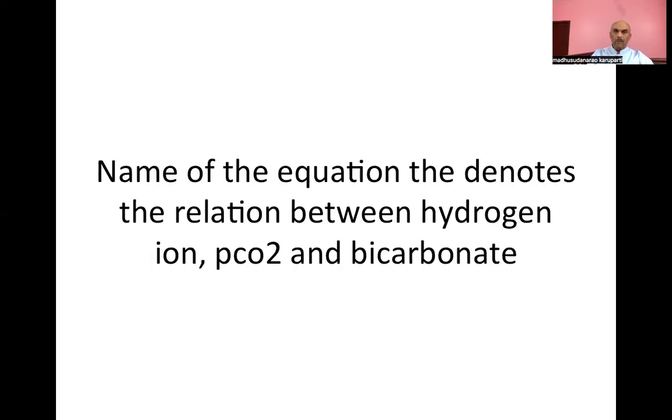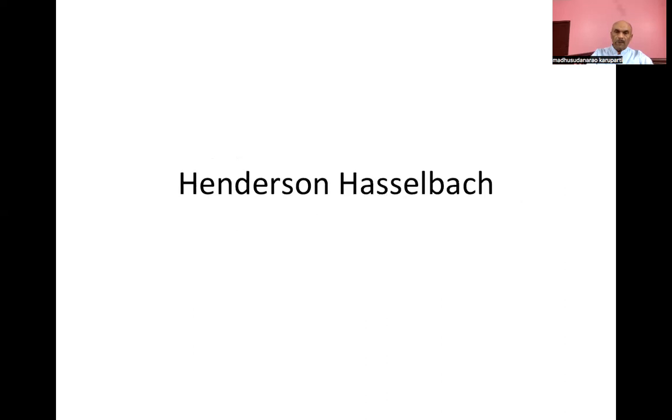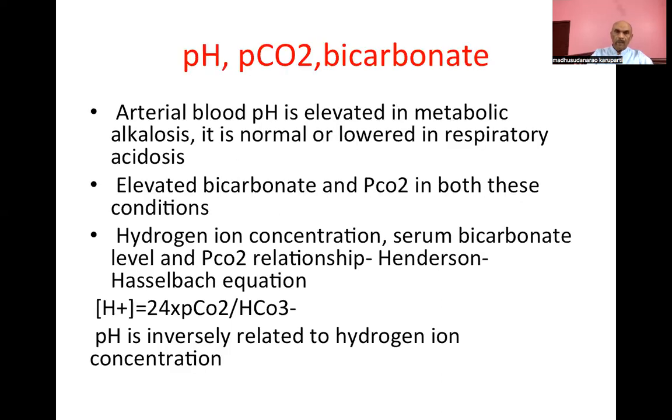What is the name of the equation? It denotes the relationship between hydrogen ion, PCO2 and bicarbonate. This is the Henderson-Hasselbalch equation. pH, PCO2, bicarbonate. Arterial pH is elevated in metabolic alkalosis. Okay, it is normal or lowered in respiratory acidosis. Elevated bicarbonate and PCO2 occur in both these conditions.